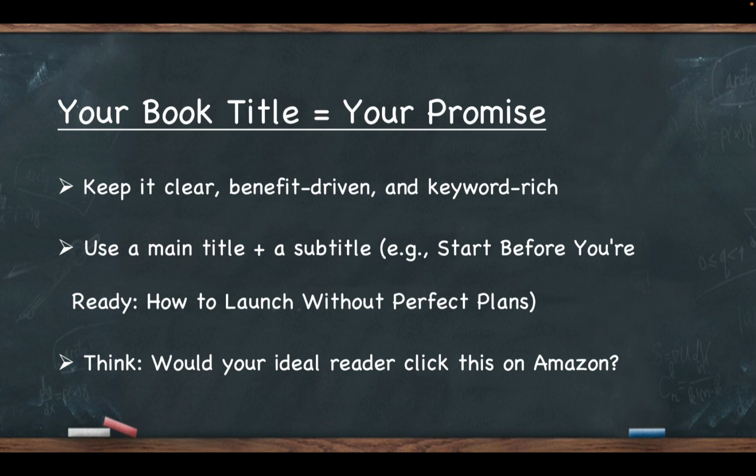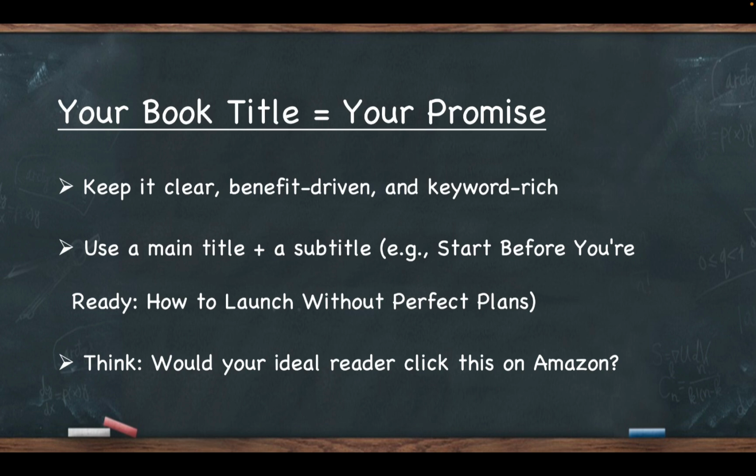Also think, would your ideal reader see your title and click on it on Amazon? Let's say a book is just titled B, BE, nothing else, no subtitle, nothing, just BE. What do you think? Do you think your ideal reader is someone who is curious enough to click on it on an Amazon storefront or pick it up in a library if they just see B?